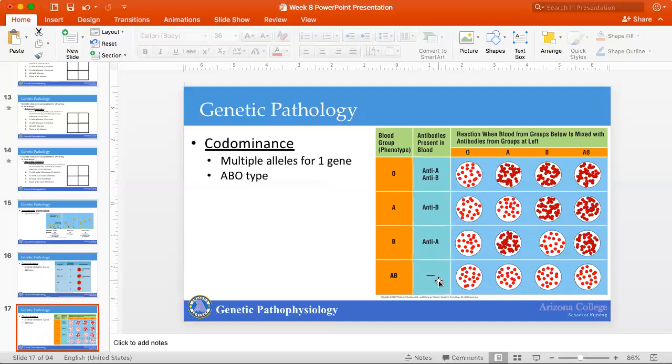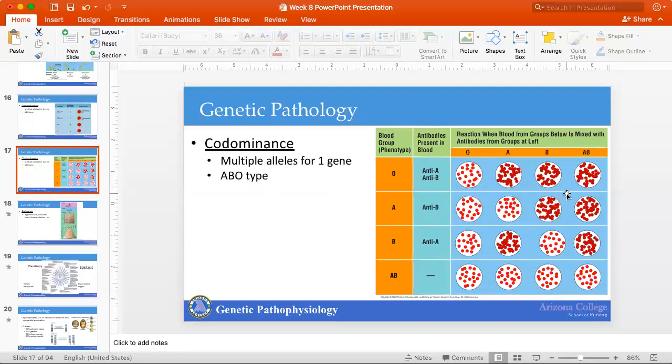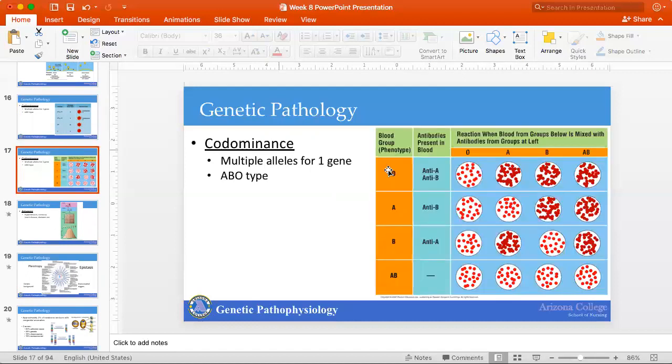And so what this one, don't worry too much right now about trying to memorize this chart. But basically what this is showing is that if you are something, you will have antibodies that will be against what you're not. That may sound a little too confusing, but remember, if you're type O, you don't have either antigen on your red blood cell surface.